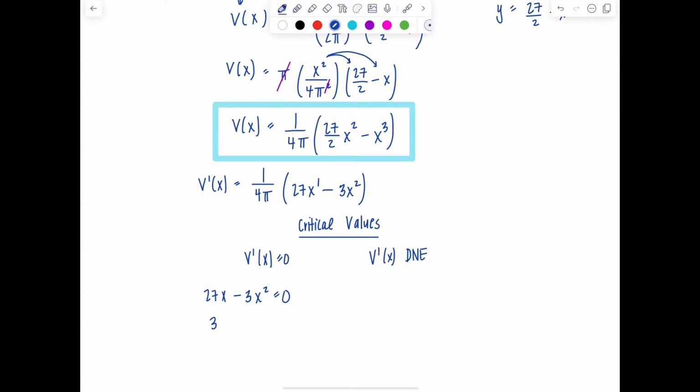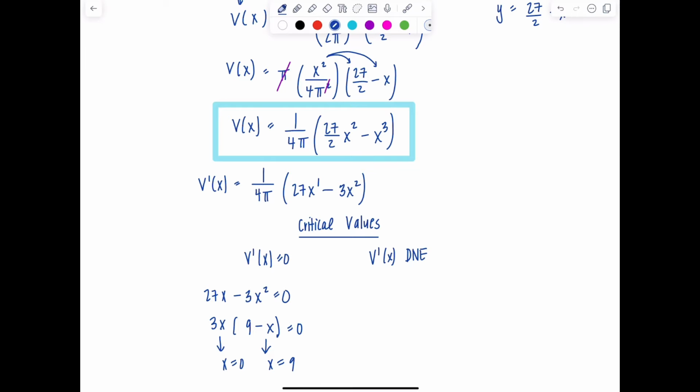I can factor out a 3x, and then I have 9 minus x left over equals 0. Okay, that means either x is 0 or x is 9.